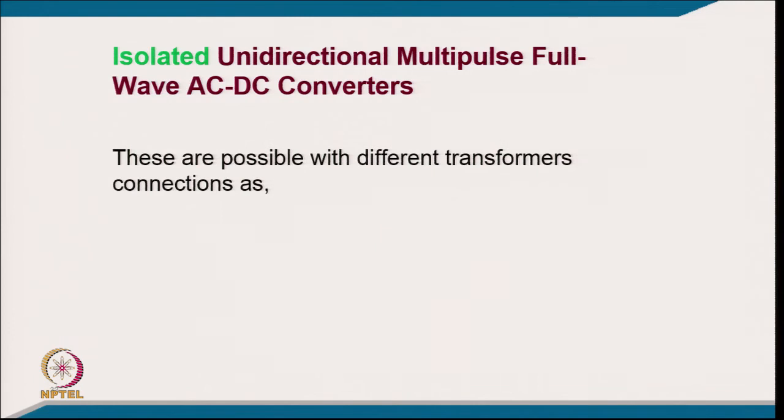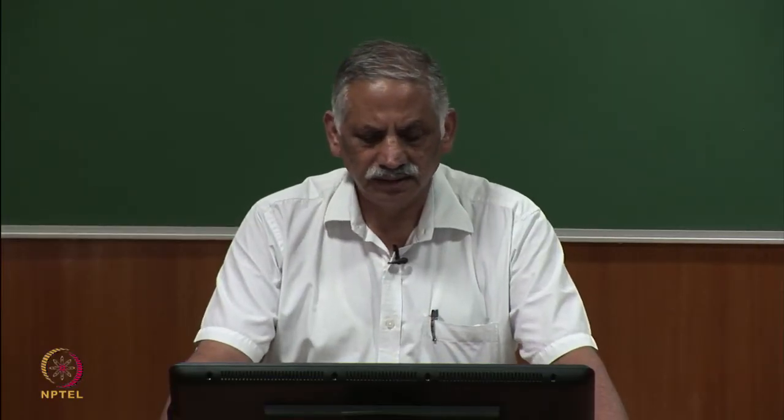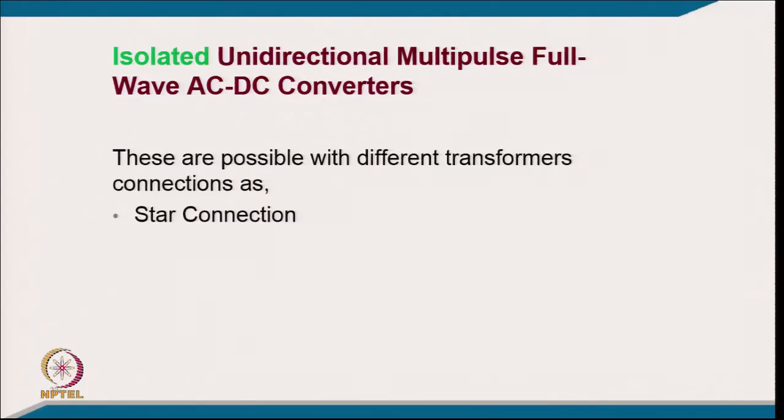Because, as I told you, if we want DC with very low voltage and very high current, the voltage order typically 24 volt or 48 volt, but we want current per kiloampere. You might have seen the electroplating plant where we do the coating, very high current is required but voltage is very low, so a person can touch because they are isolated and the voltage is not too high. So, these are possible with different transformer connections.